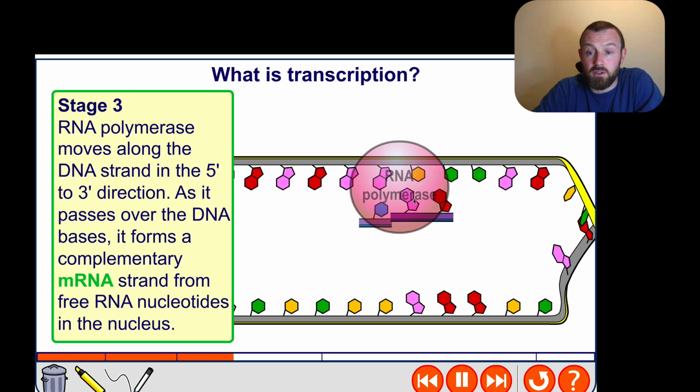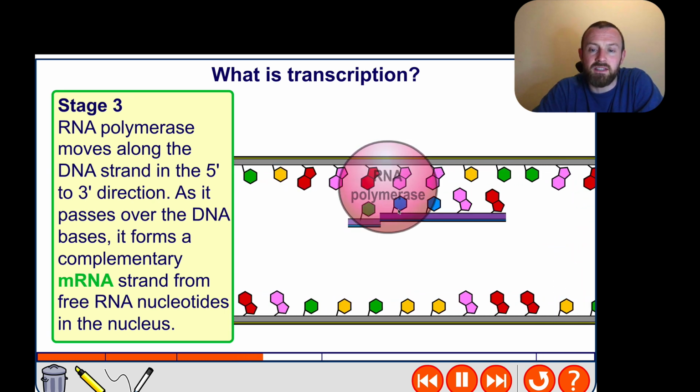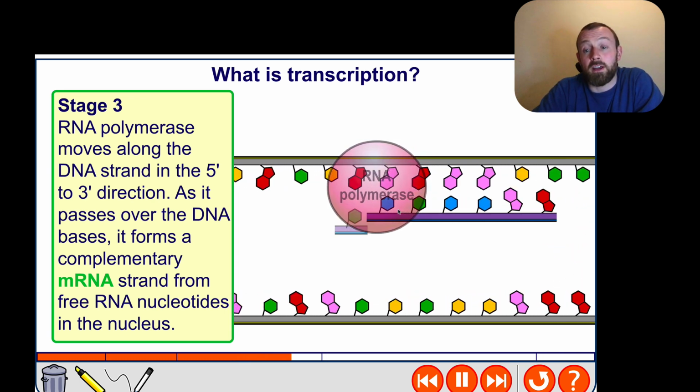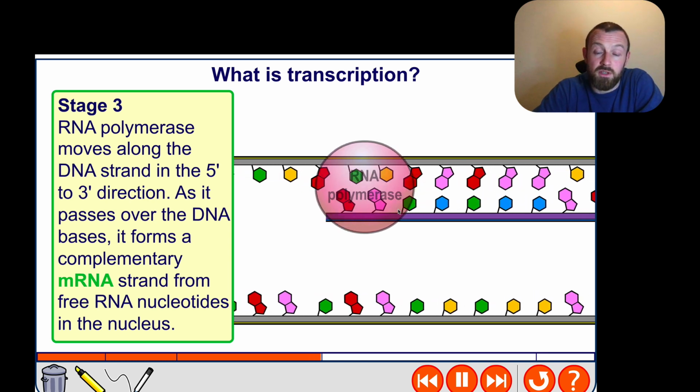In this case, there'd be free RNA nucleotides containing the sugar ribose and the base uracil instead of deoxyribose and thymine. So the free nucleotides line up and they form hydrogen bonds through complementary base pairing.